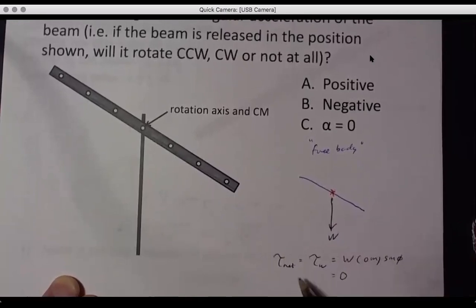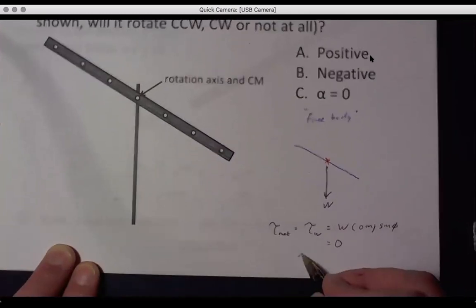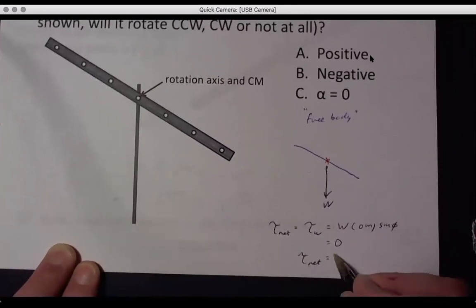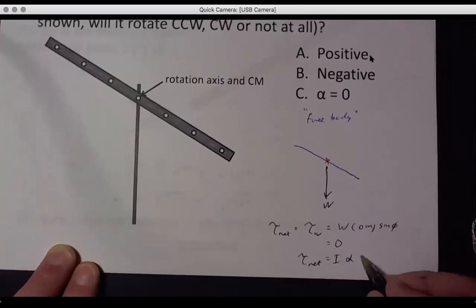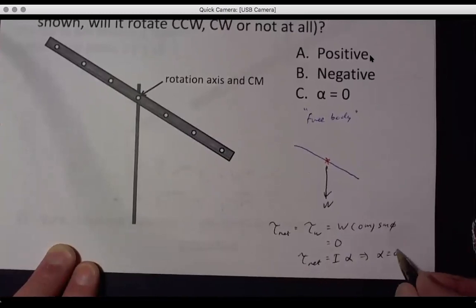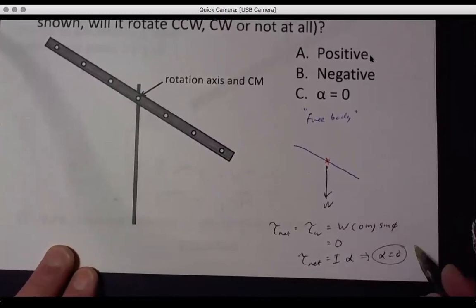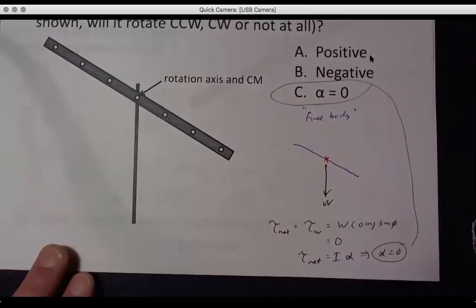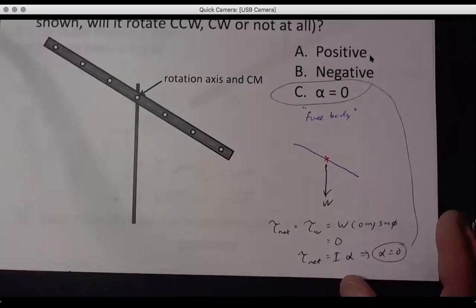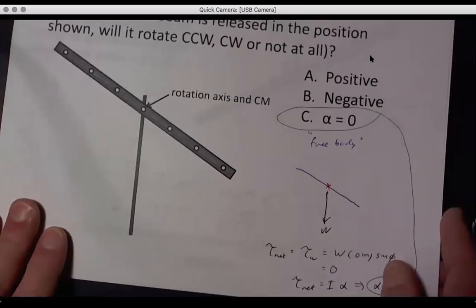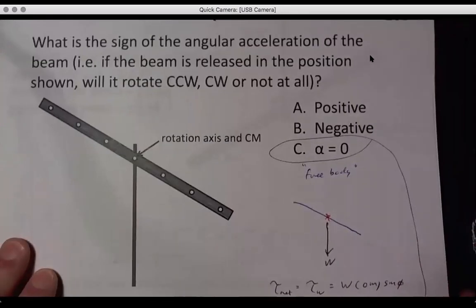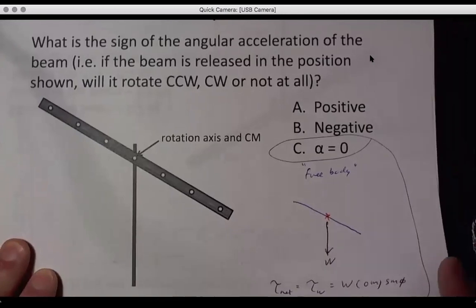And so torque equals 0, and torque net equals I alpha implies alpha equals 0. Now this is probably a bit further than you'd have to go in terms of what work you'd have to do to get there, but that's the kind of thing that you will need.